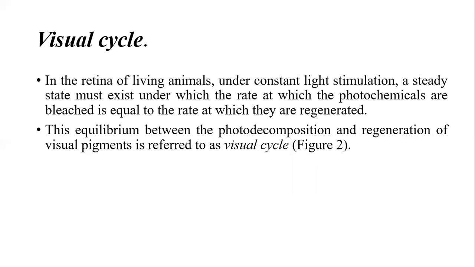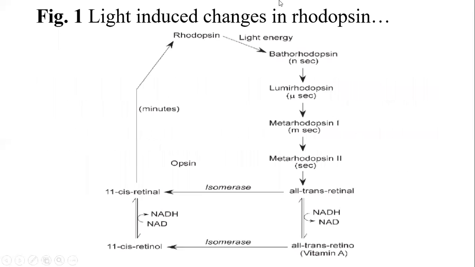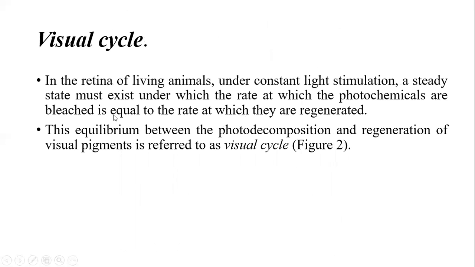So producing and bleaching, both things are there. So this is a cycle. The equilibrium between photodecomposition and regeneration of visual pigment is referred to as the visual cycle.